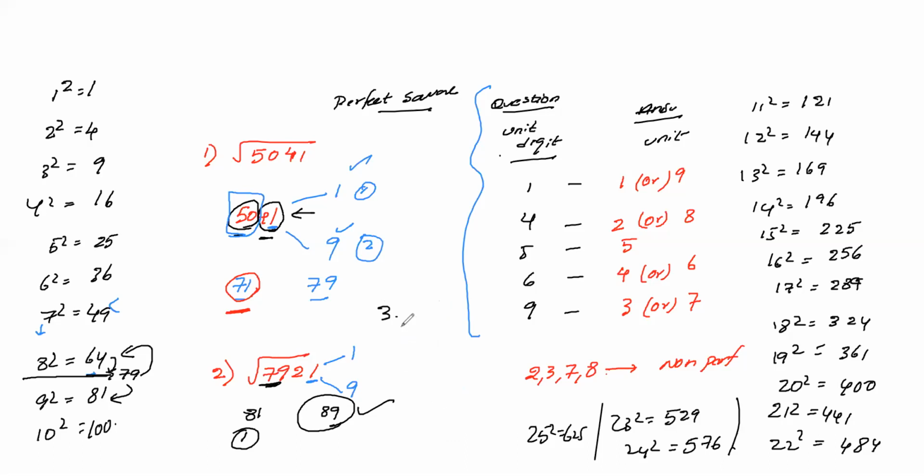Okay, third one. I'll take the square root of 1296. Try to solve this one. 1296. If you are doing it, it's better. Or else, if you have any doubt, please let me know, I'll explain it. Next question is 6724. Next question, I'll take one more question, 4624.